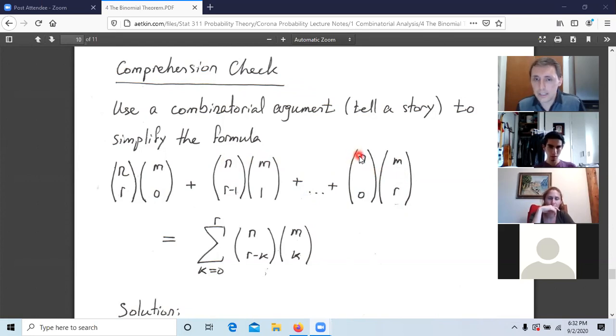So N choose R with M choose 0 means only girls came, no boys. The last category is only the boys came. So what did I do here? It's the same as just taking a subset of size R from the entire class, which is N plus M, the girls and the boys.